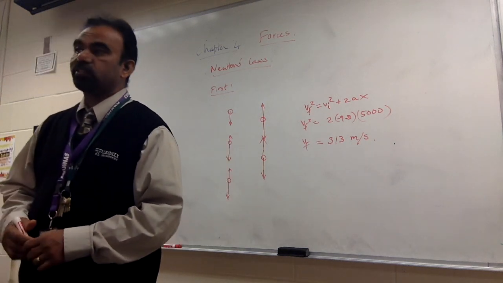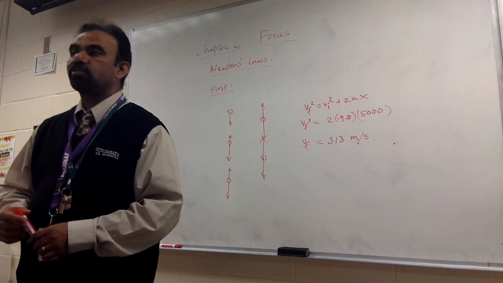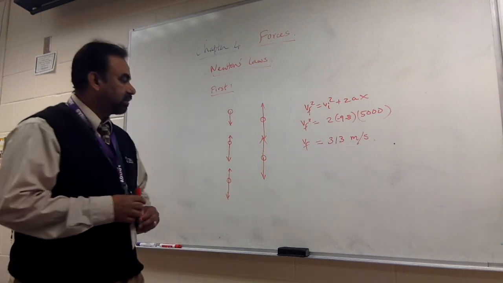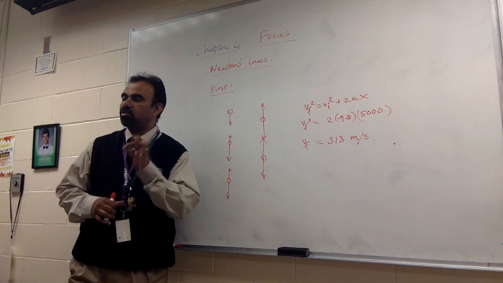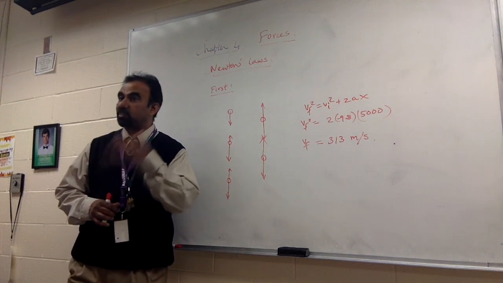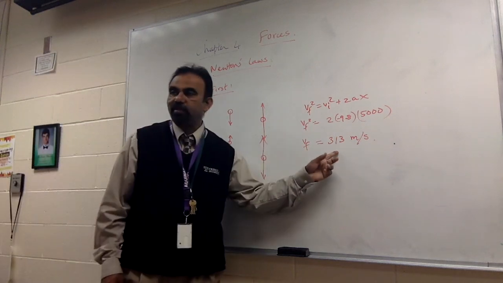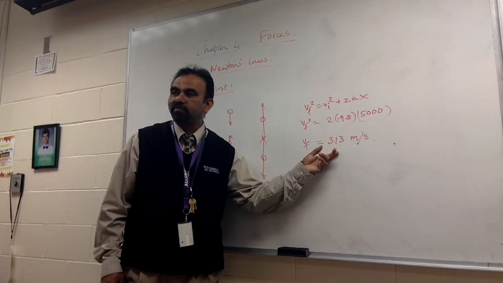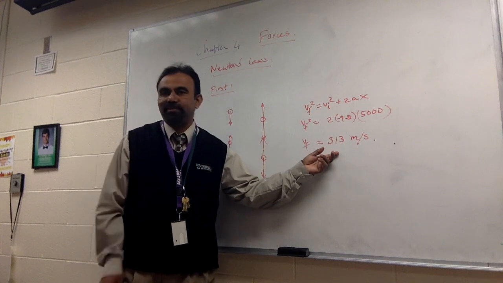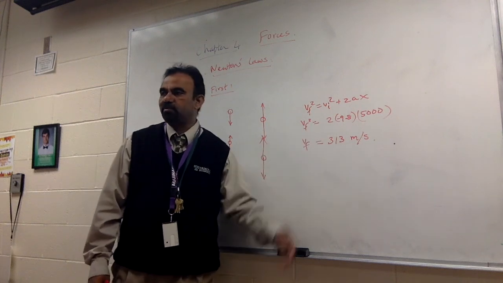Since there is no acceleration, it will continue in the same state of motion, which is the same velocity. And so those raindrops are not going to come at this speed. They come at much smaller speeds, probably like 5 meters per second.